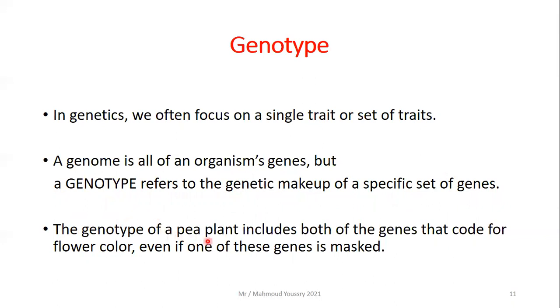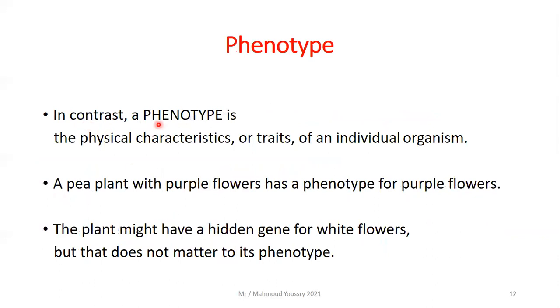The genotype of a pea plant includes both of the genes that code for the flower color, even if one of these genes is masked. Then what about phenotype? In contrast, a phenotype is the physical characteristics or traits of an individual organism. A pea plant with purple flowers has a phenotype for purple flowers.